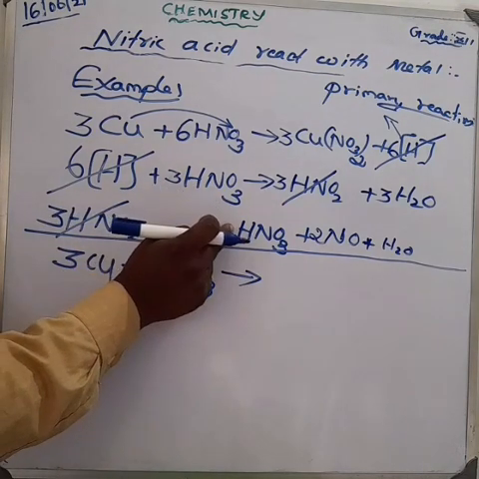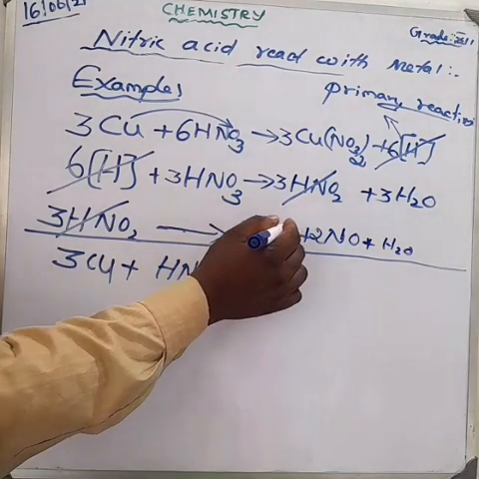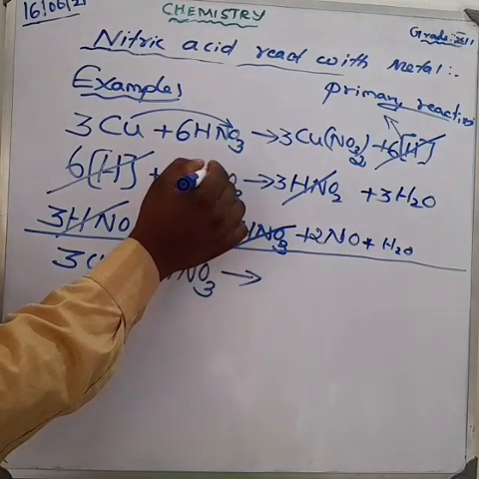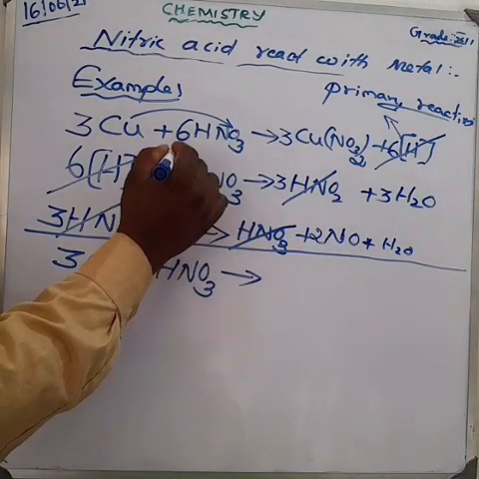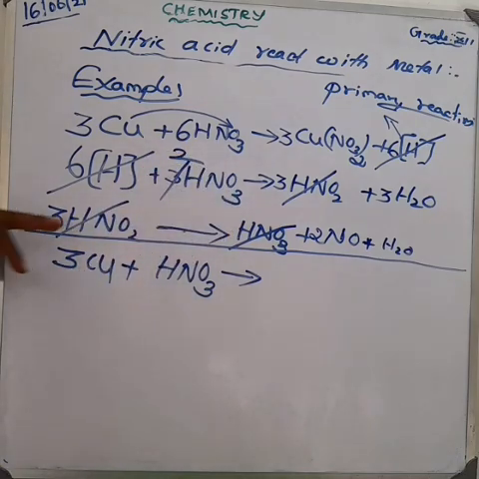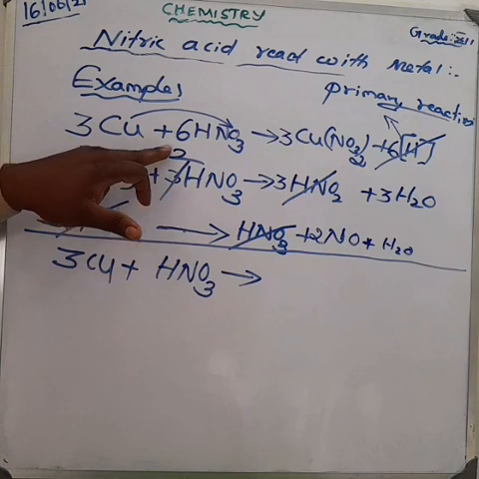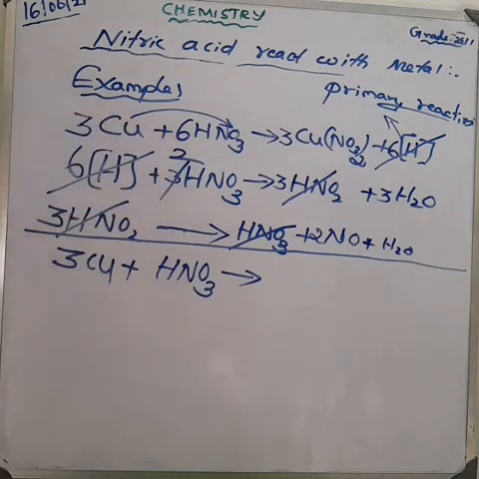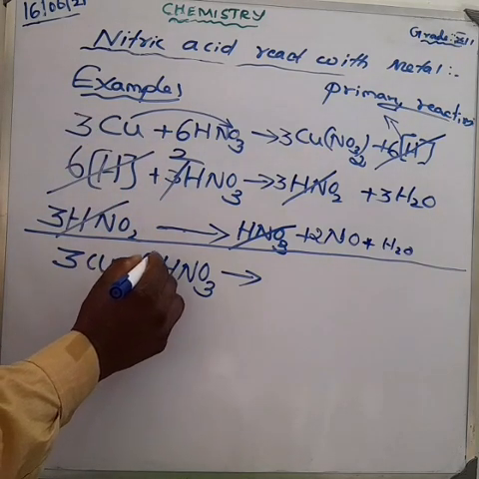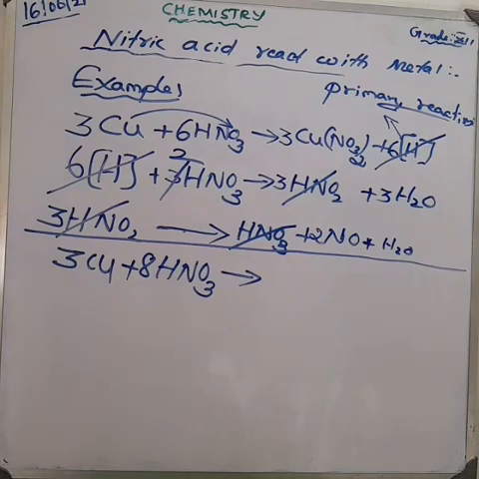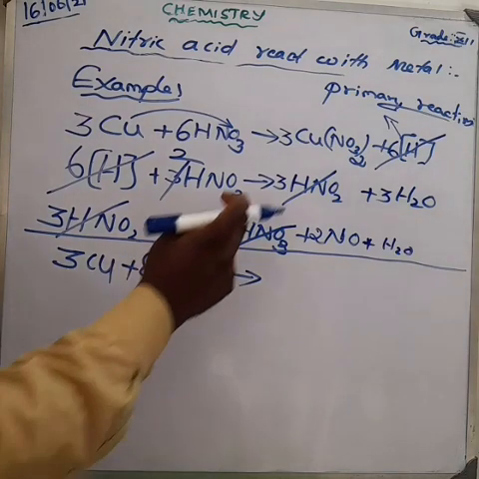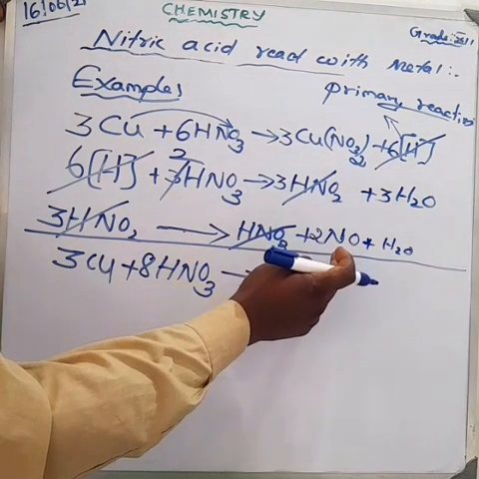Okay, here there is also one nitric acid, am I right? If you cancel here, we can write it as 2 HNO3. So 2 plus 6 is 8 HNO3. Yes or no?